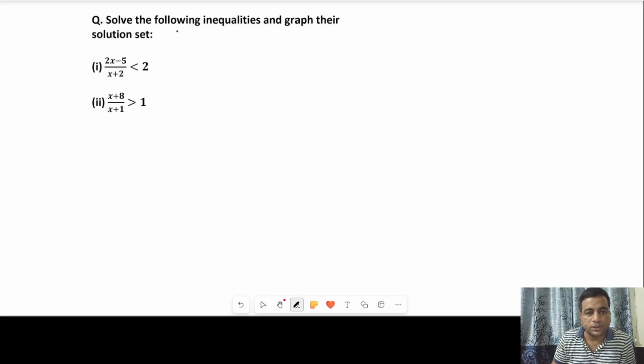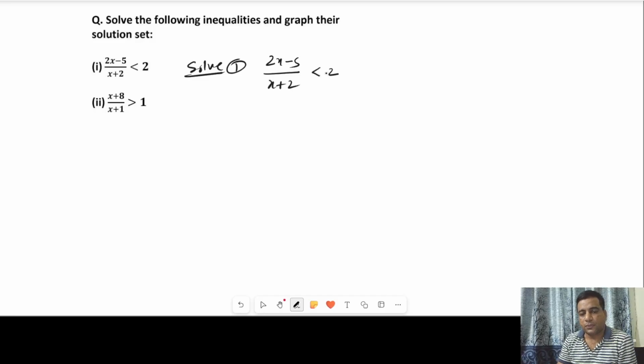It's your next question. Solve the following inequality and graph their solution set. 2x minus 5 upon x plus 2 is less than 2. Some students try to transpose x plus 2 to the right.